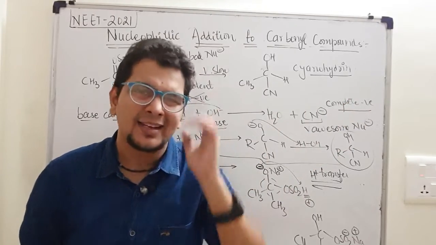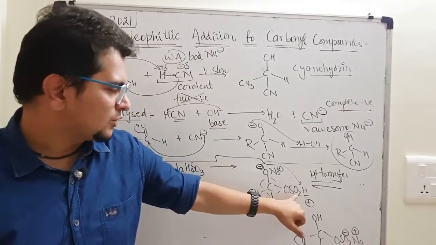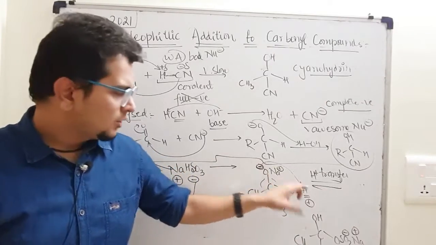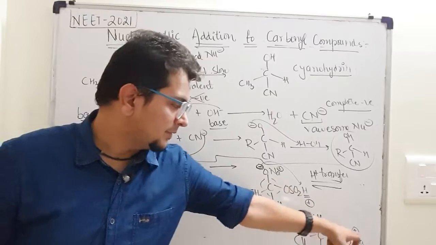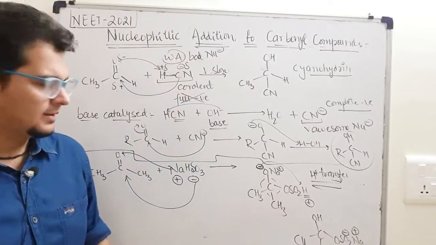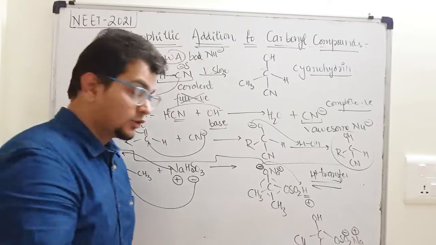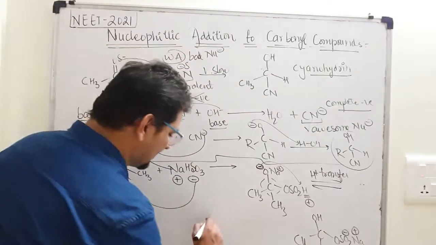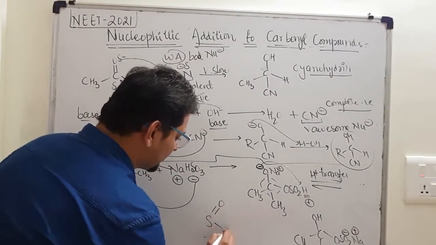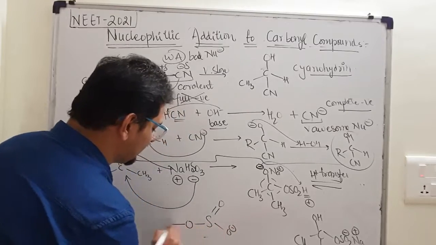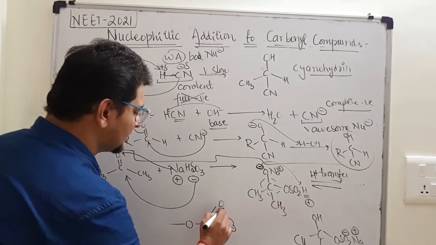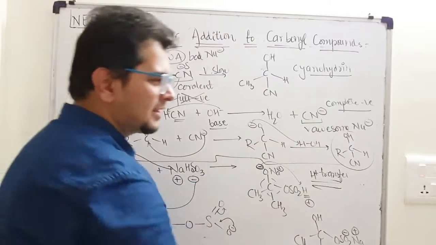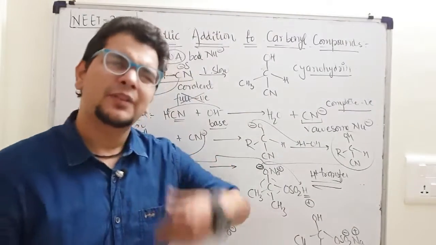So what they did, they decided, yaar, this SO2 minus decided ki I don't need H plus as much as this O minus needs. So he gave the H plus to him, and he himself took SO2 minus. Chamka bhaiya. If someone asks you, sir, why does he not want to be stable? He wants to be stable, but in a family, sometimes if you are already having chances of stabilizing yourself by conjugation, and your brother is there, he needs the money more, you'll give him the money, na?